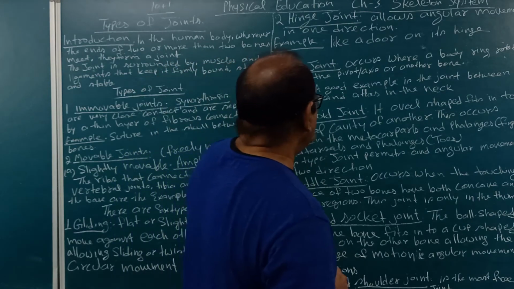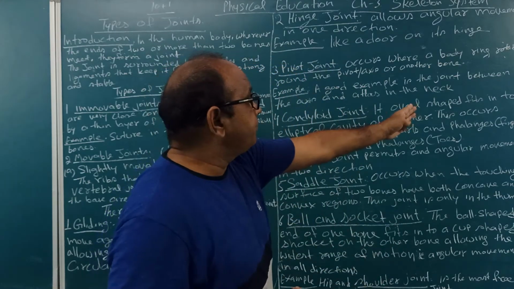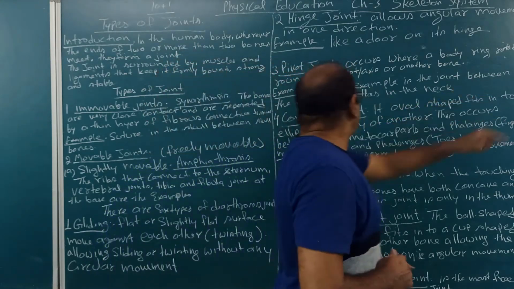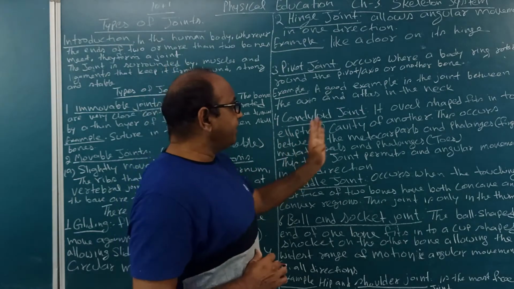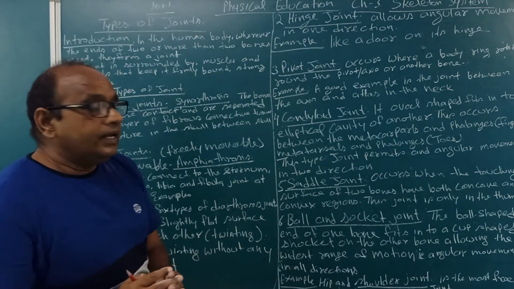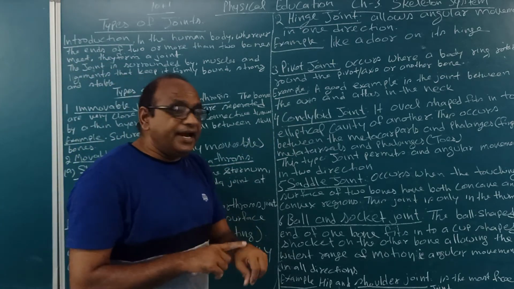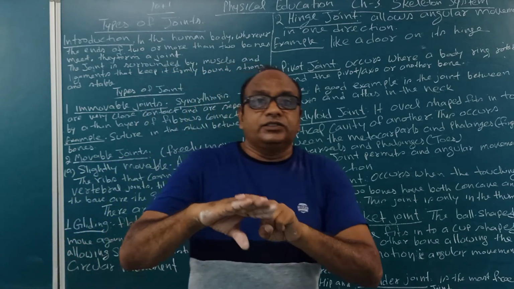Next is condyloid joints. It is oval shaped and also fits into the elliptical cavity of another. And this occurs between metacarpals and phalanges. Phalanges means fingers.